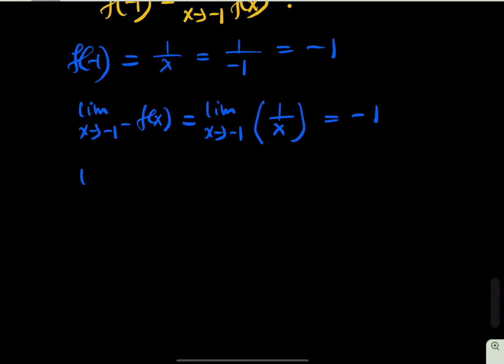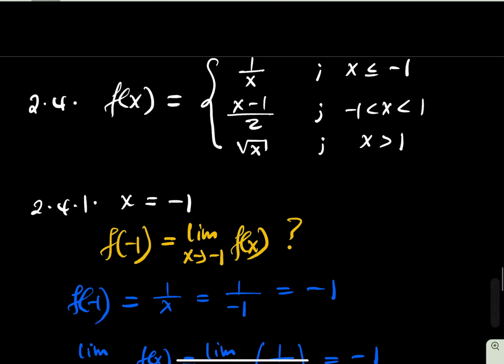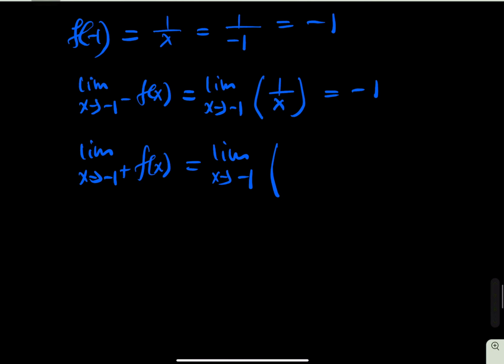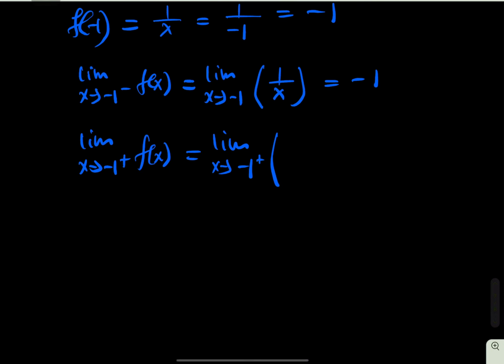And the answer is going to be -1. I'm now going to take the limit as x goes to -1 from the right of it. And I'm going to check where x is bigger than -1. So x is bigger than -1 in this region. So that means I'm going to take this function, so that is going to be x minus 1 over 2.